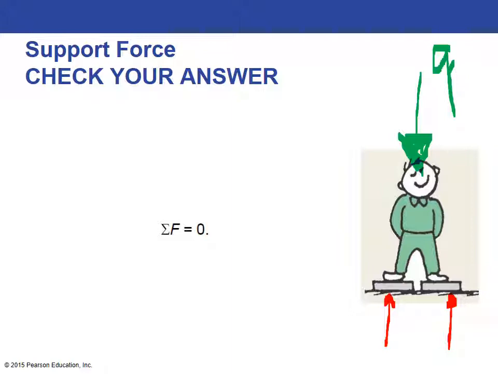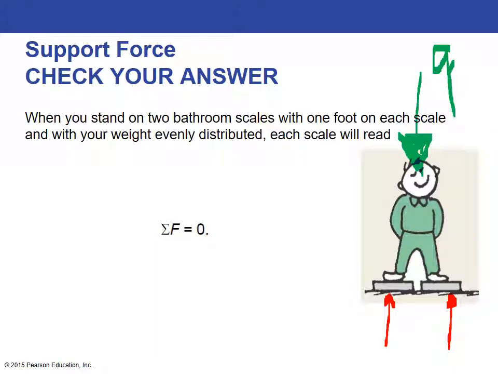When we add these two vectors together, they have to equal the magnitude of this one. And we said in the example that you are evenly balanced between the two scales, so these each share half of your weight. You are at equilibrium.